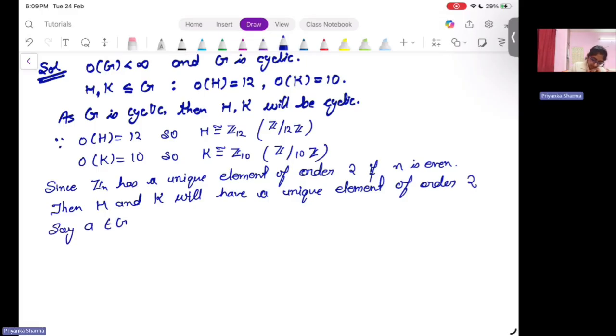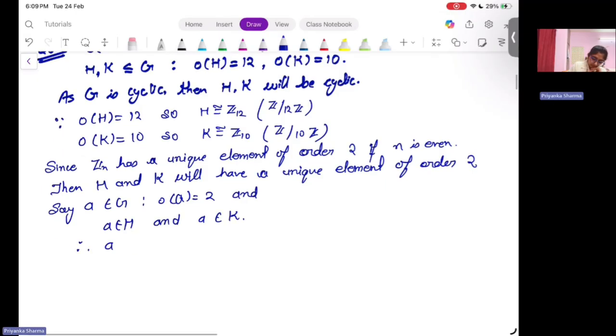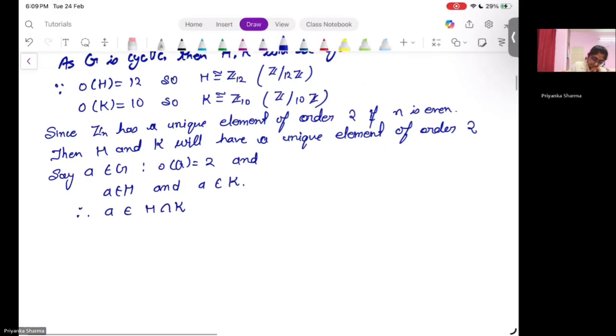Say A belongs to G such that order of A is 2, and then A belongs to H and A belongs to K. Therefore, A belongs to H intersection K, or we can say that order of H intersection K is greater than or equal to 2.